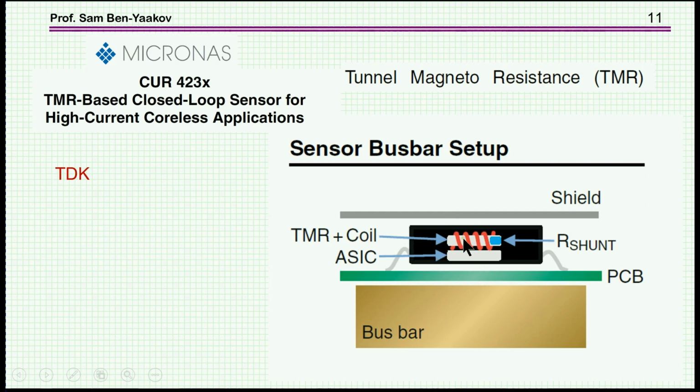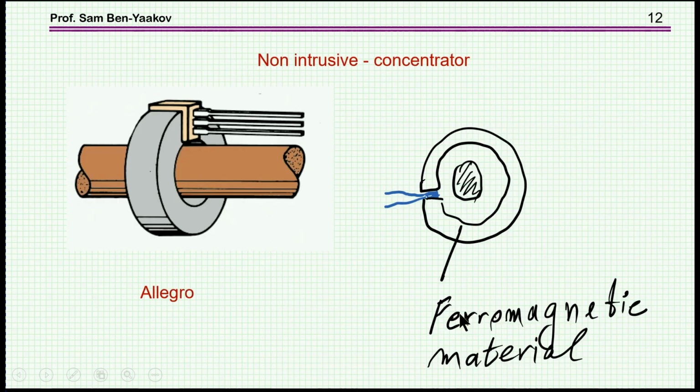This is just putting them adjacent to the bus bar, but rather using the so-called concentrator. Well, a concentrator is in effect a ferromagnetic material, a ring or any other shape, which has a slot or a gap, and you put the sensor, the Hall effect sensor, within the gap.